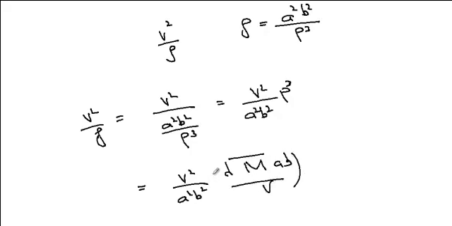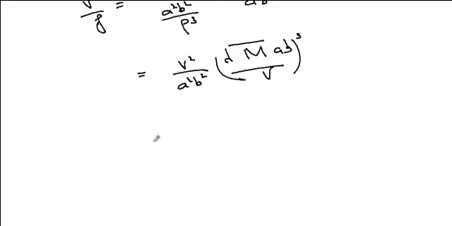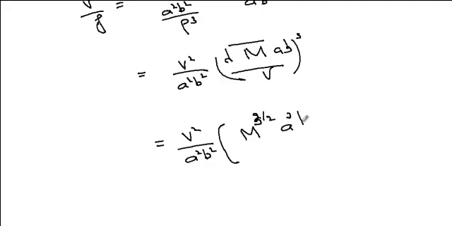So we put this here, and this becomes v square over a square b square into m power 3 by 2 a cube b cube over v cube.